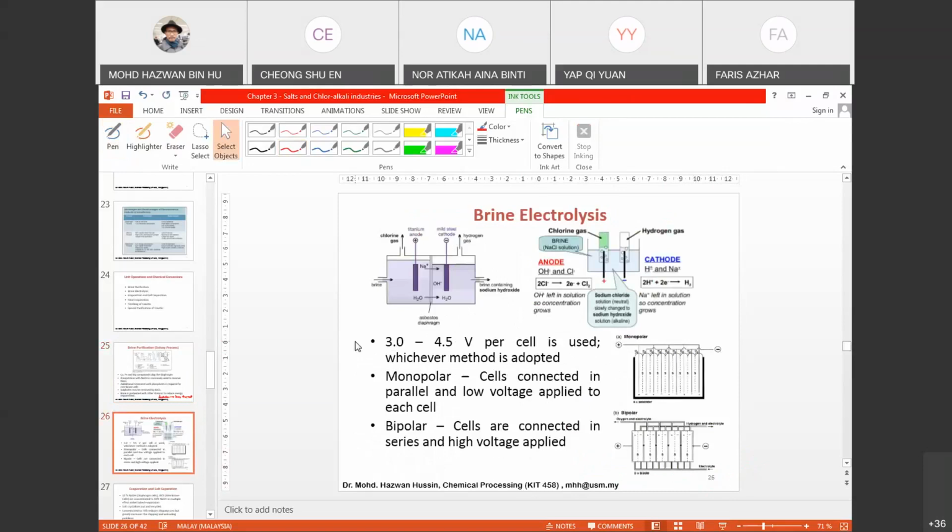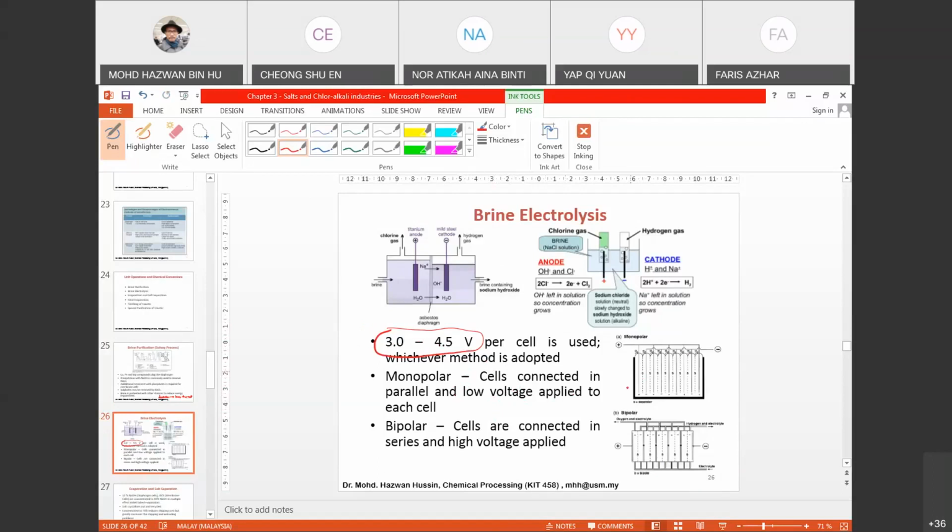Another consideration is electrolysis, especially the type of voltage applied. The common requirement for voltage for electrolysis of brine solution is 3 to 4.5. And sometimes the cells used can be monopolar or bipolar. What does monopolar mean? The cells are connected in parallel and low voltage is applied to each cell.